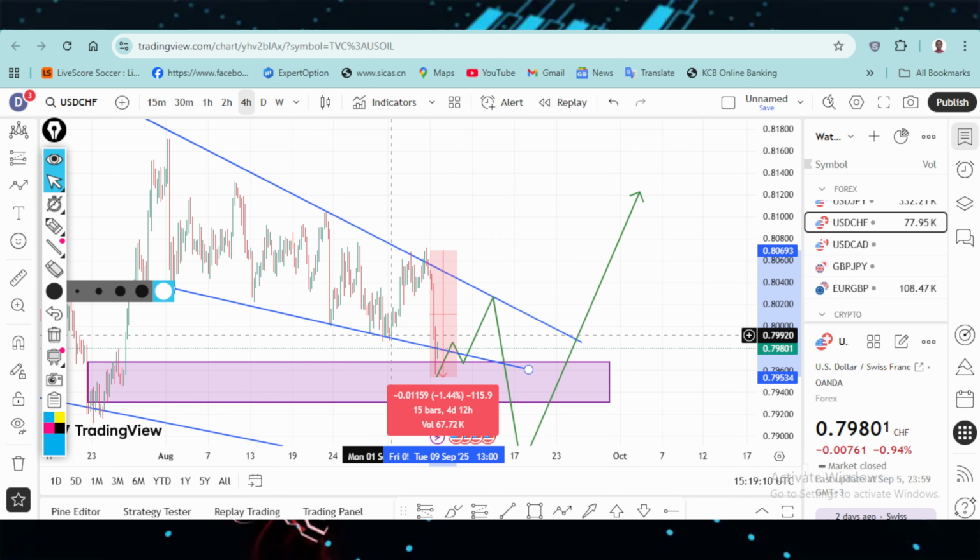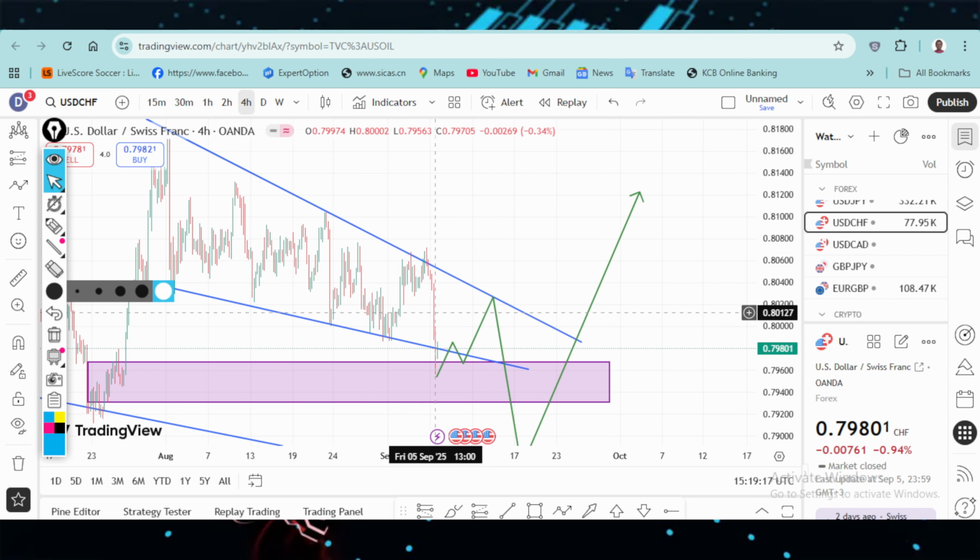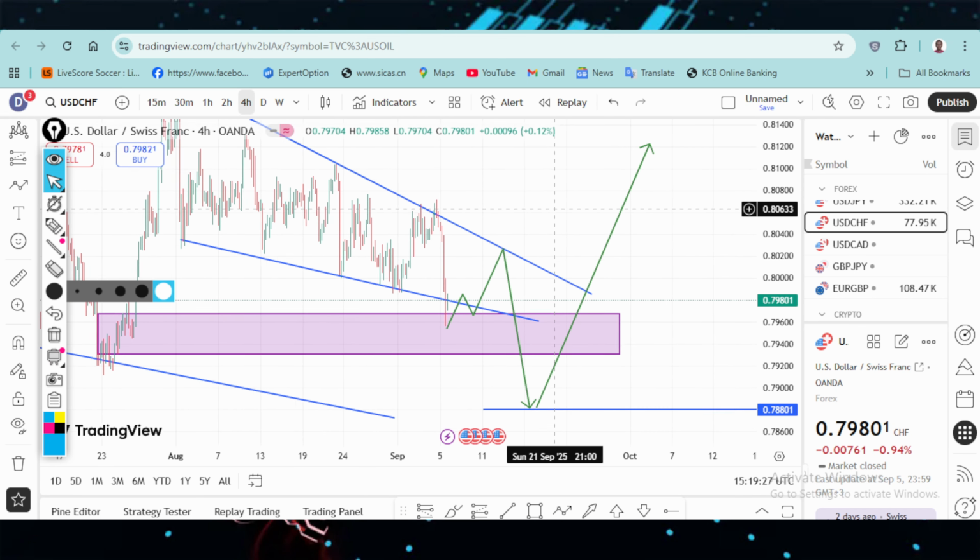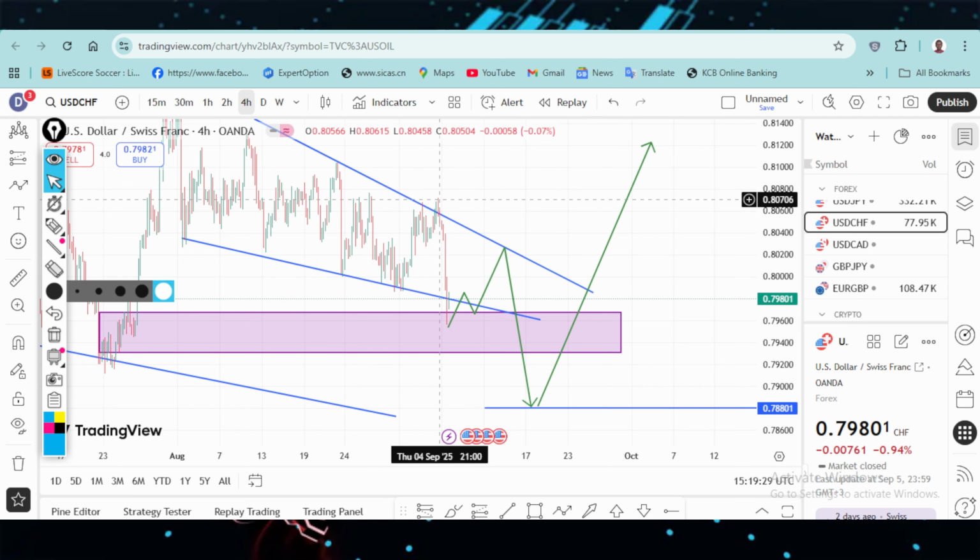Plus, don't forget we also predicted this move to the upside, which is also another 100 or 80 pips. So 80 plus 100 is 180 pips of good prediction. We predicted the high, the move to the upside, and the move to the downside.